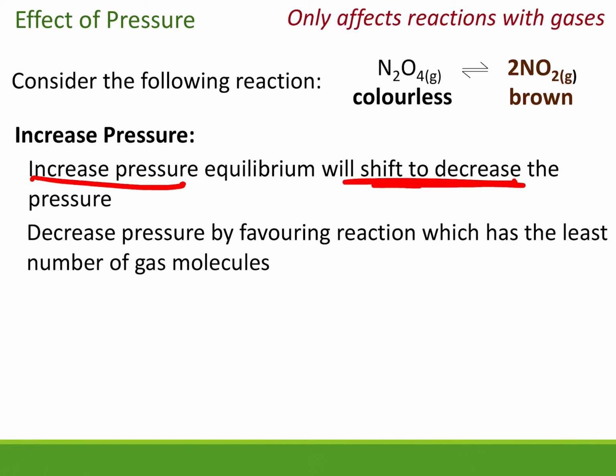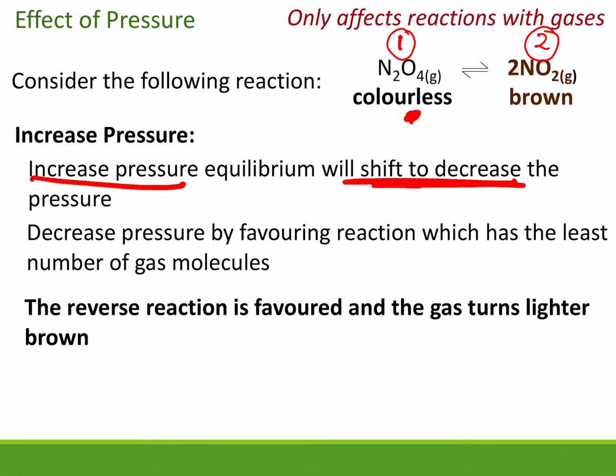It must favor the reaction which has the least number of gas particles. I don't care about the size of the particle, I care about the number. There's only one gas particle over here, and there are two over here. It's going to want to go to this side because there's less. So the reverse reaction is favored, and the gas turns lighter brown.